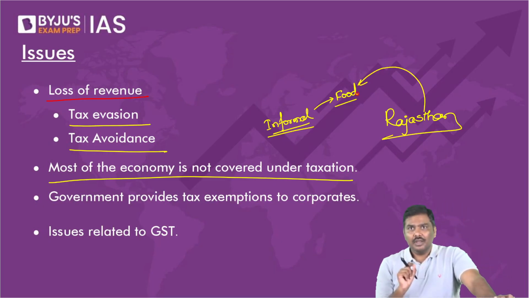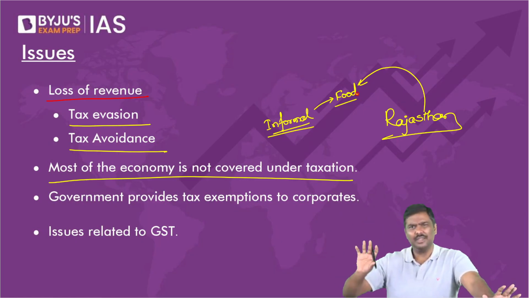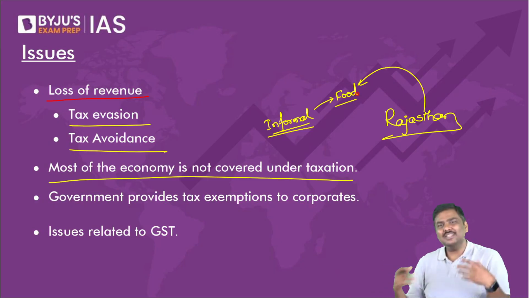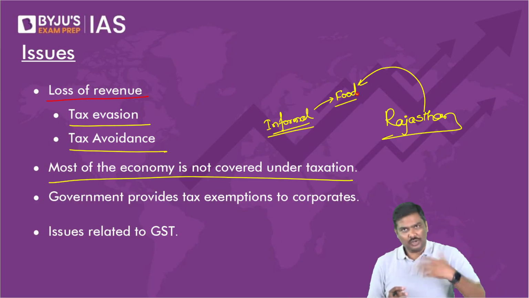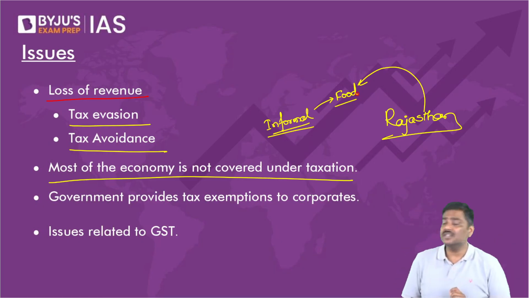So even the central government is doing something, state governments are also doing something. But you cannot implement these policies overnight. It is very difficult to implement these policies overnight.